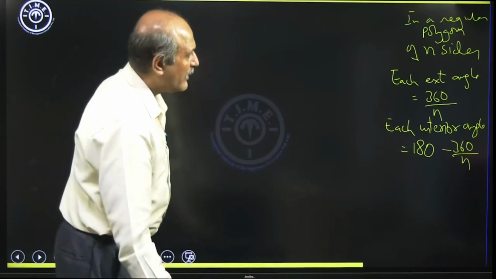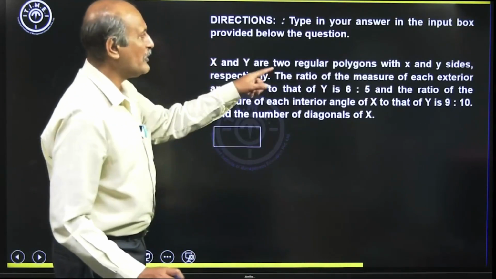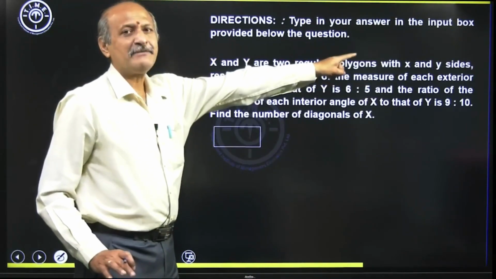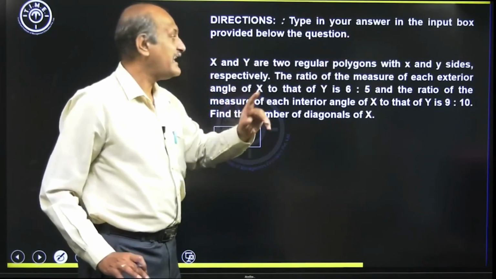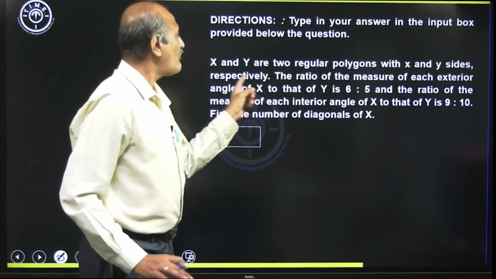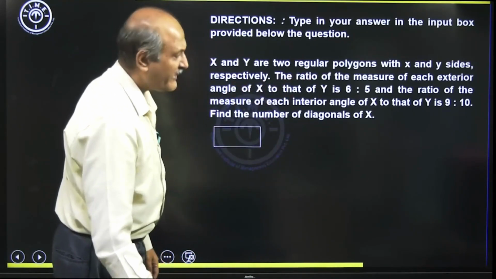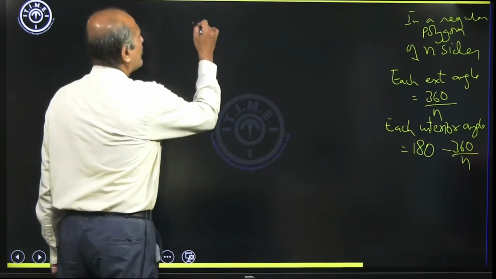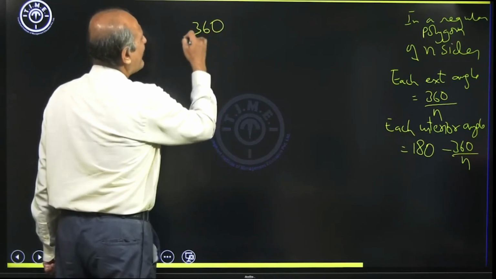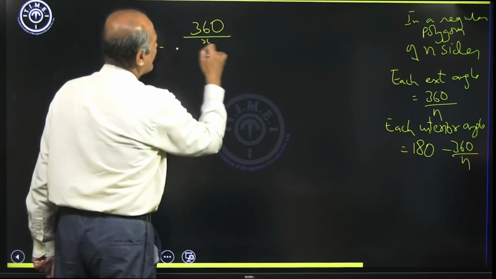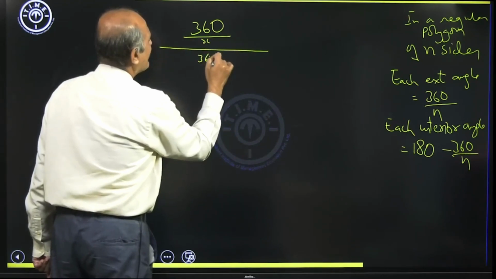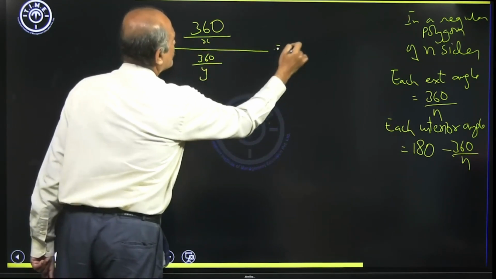Okay, so now observe, we have two polygons, one having x number of sides, another having y number of sides. Furthermore, it says the ratio of the measure of each exterior angle of x to that of y is 6:5. So we can write 360 divided by x, whole divided by 360 divided by y, is equal to 6/5.